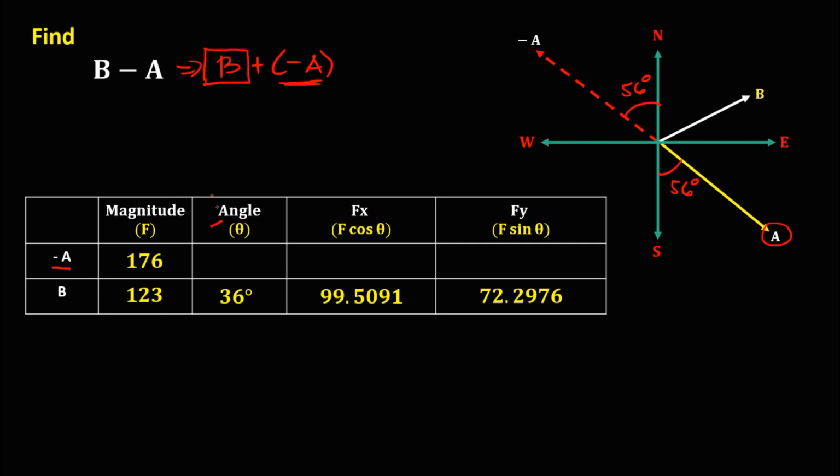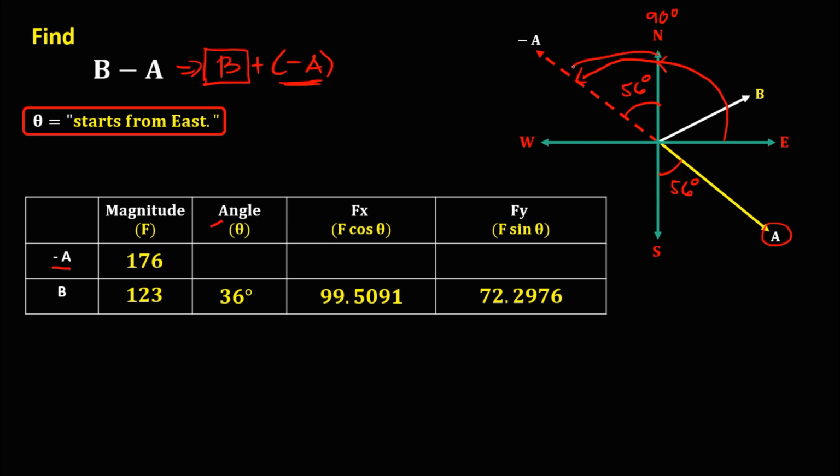Then for theta, again, theta starts from east. So from east to vector negative A, since this side is 90, 90 plus this angle, so 90 plus 56 degrees, therefore theta is 146 degrees.